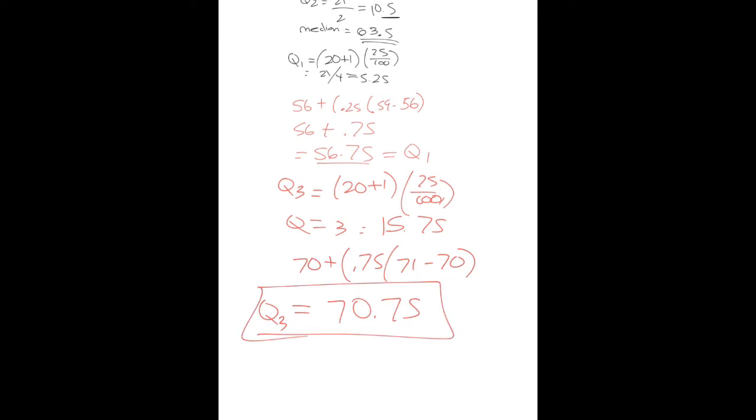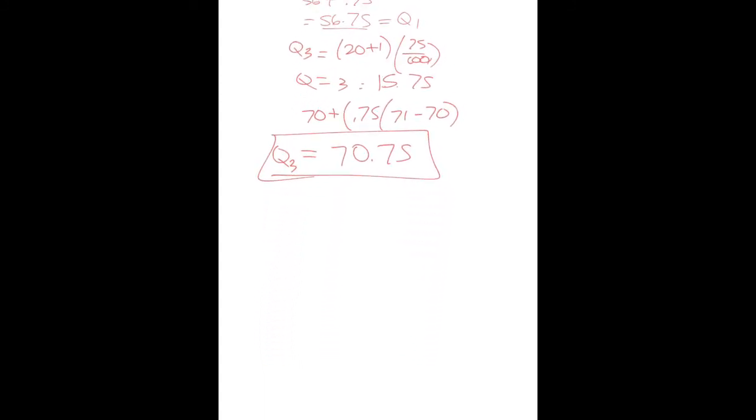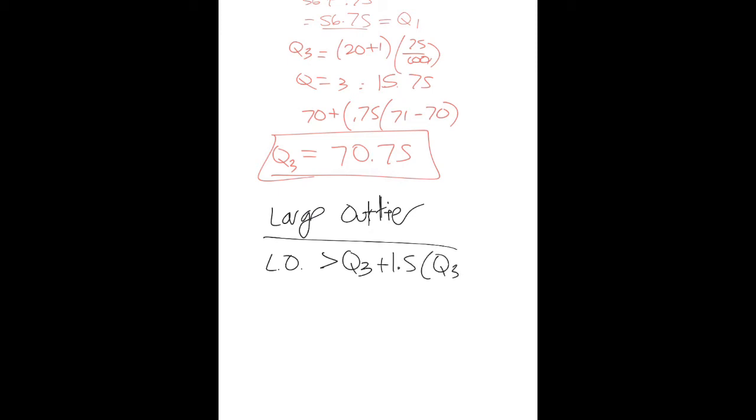Now, before we draw our box plot, we need to test for outliers. Let's start with a large outlier. A value is a large outlier if it is greater than Q3 plus 1.5 times (Q3 minus Q1).